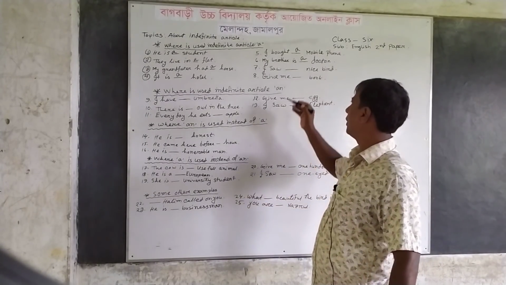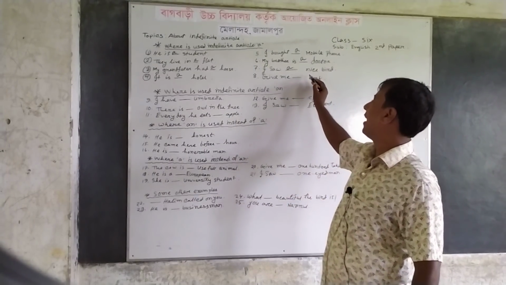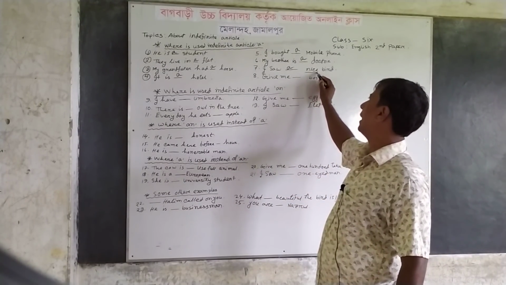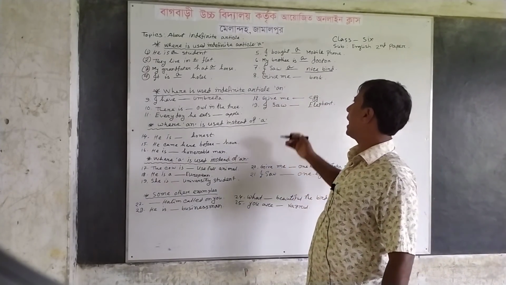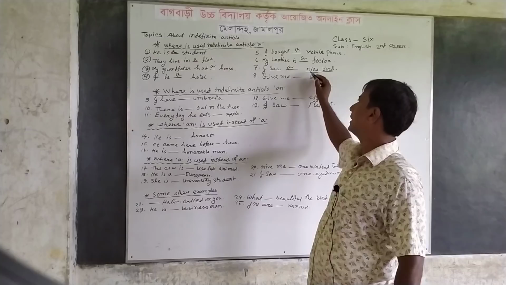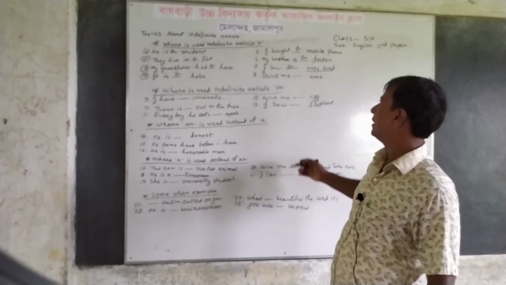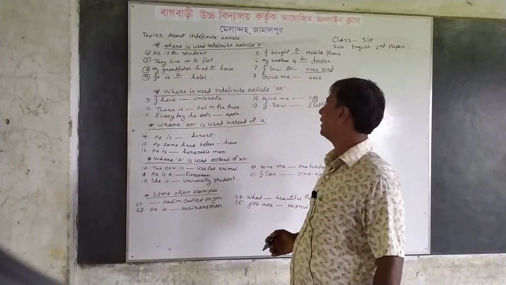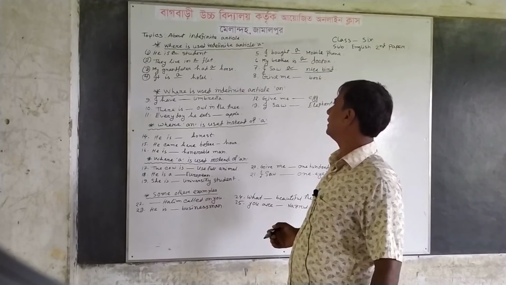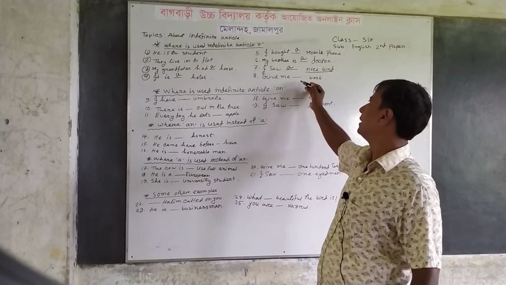I saw a nice bird, because nice bird is a singular countable noun and its first letter is N, which is consonant. So we shall use A. And the next example, give me a book.